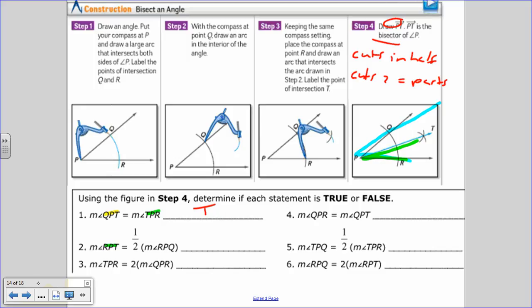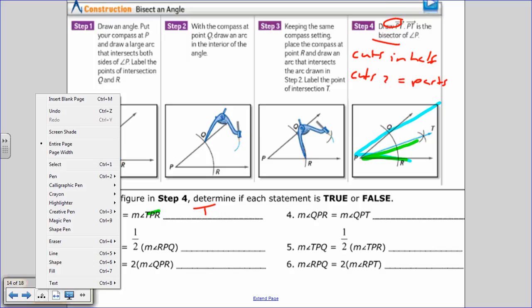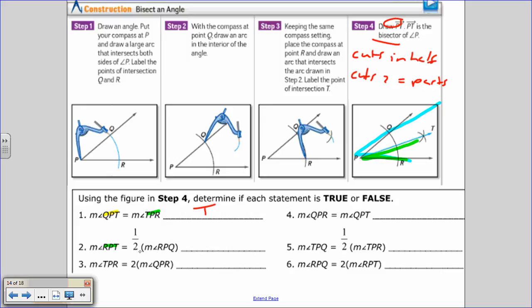So RPQ represents the big angle. So what this number two is saying is the measure of RPT, which is the green one, is half the measure of RPQ, which is the blue one. And that is also true. Because again, the bisector cut the blue angle in half. So that makes sense.